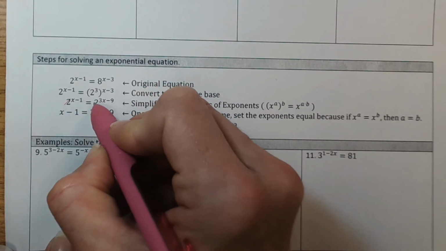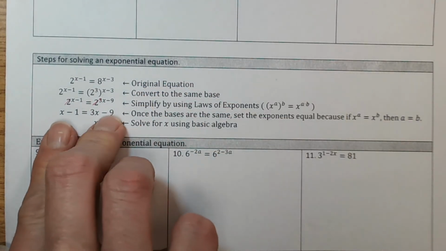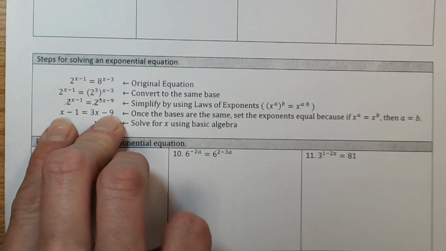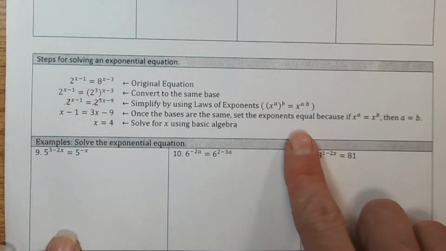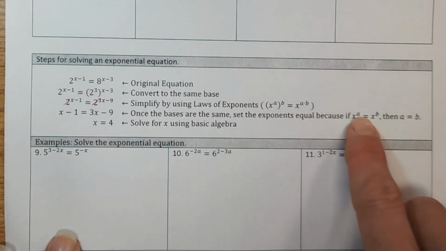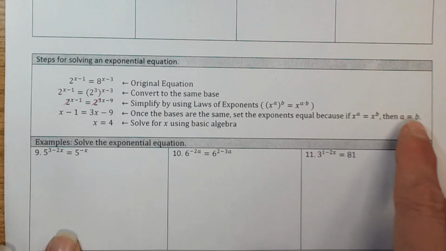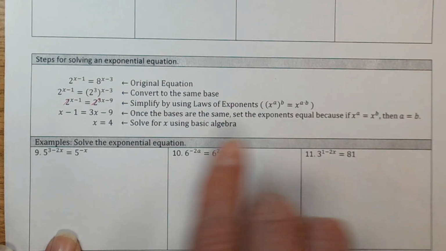So this is where you're going to cross out that base and set the exponents equal, because if x to the a is equal to x to the b, then a and b have to be equal.